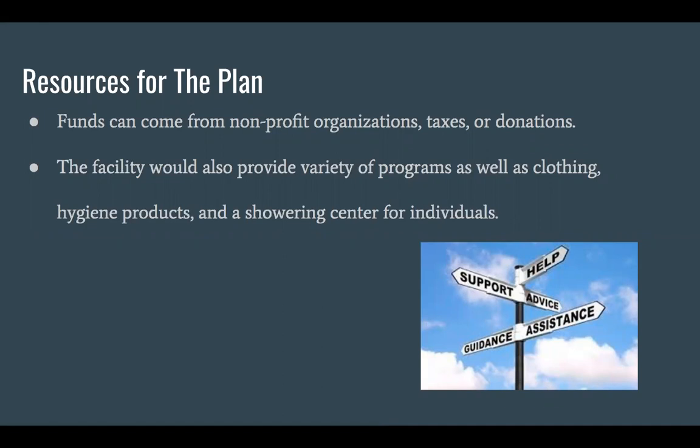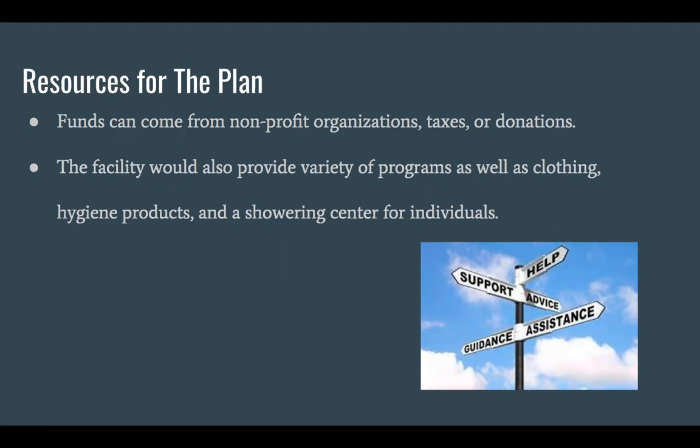The organization that we are implementing will have medical clinics with pharmacy, psychiatric counseling, group counseling for Alcoholics Anonymous and Narcotics Anonymous, and social programs that will help those individuals with financial counseling, job counseling, and anger management. The facility will also provide basic resources such as clothing, hygiene products, and showering centers for individuals to start fresh.